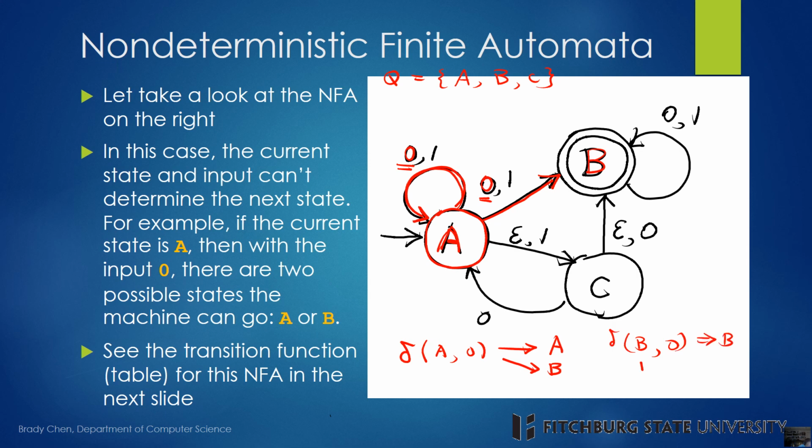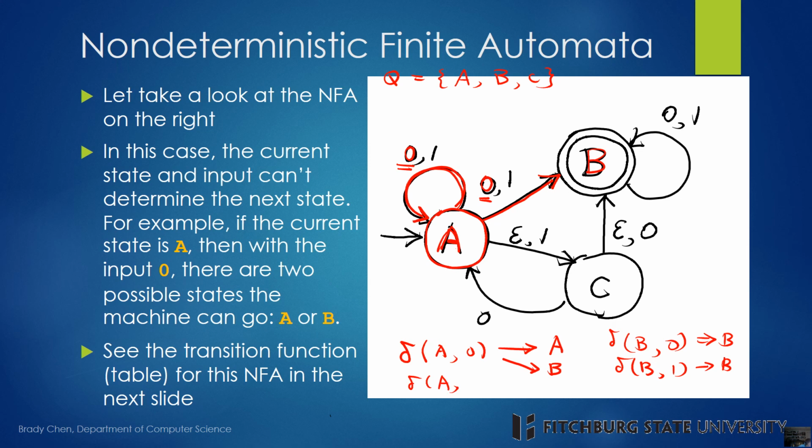If the input is 1, it still stays in B. It's going nowhere.